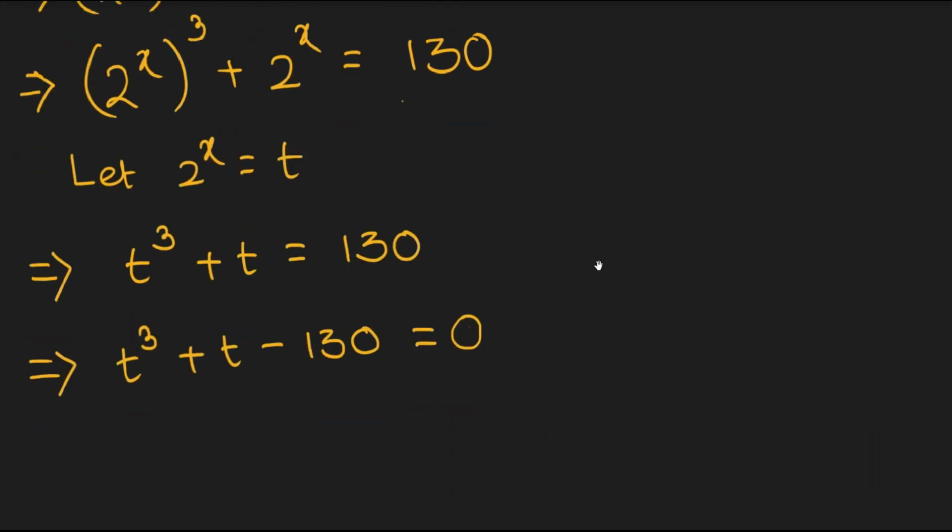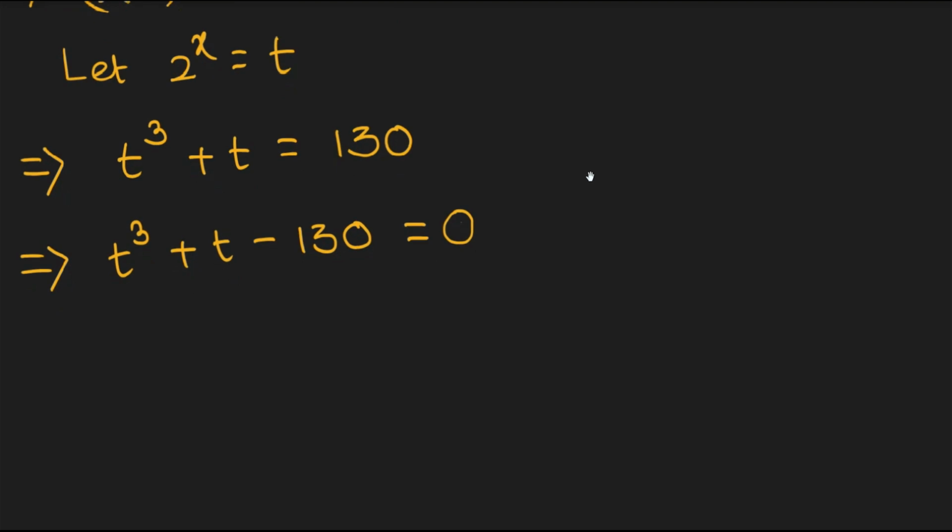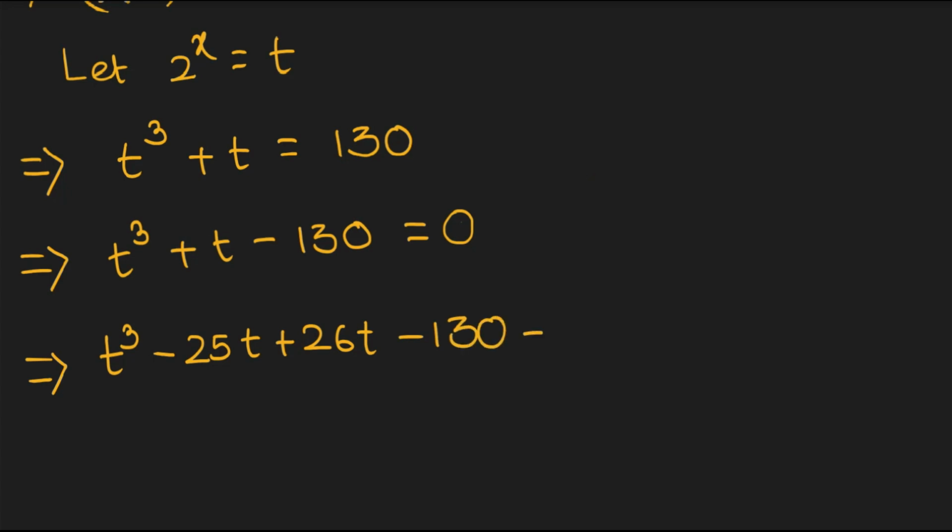Now let us solve this cubic equation. We can rewrite it by writing t as 26t minus 25t, so it becomes t cube minus 25t plus 26t minus 130 is equal to 0.